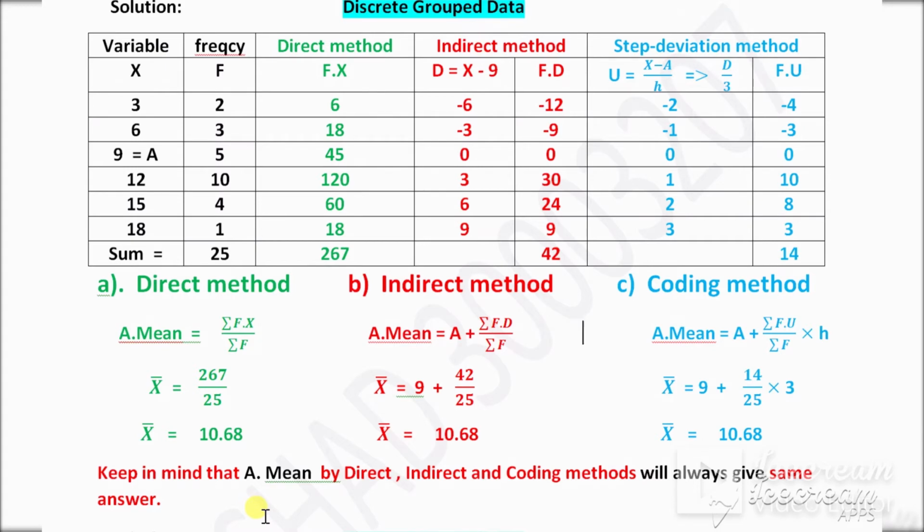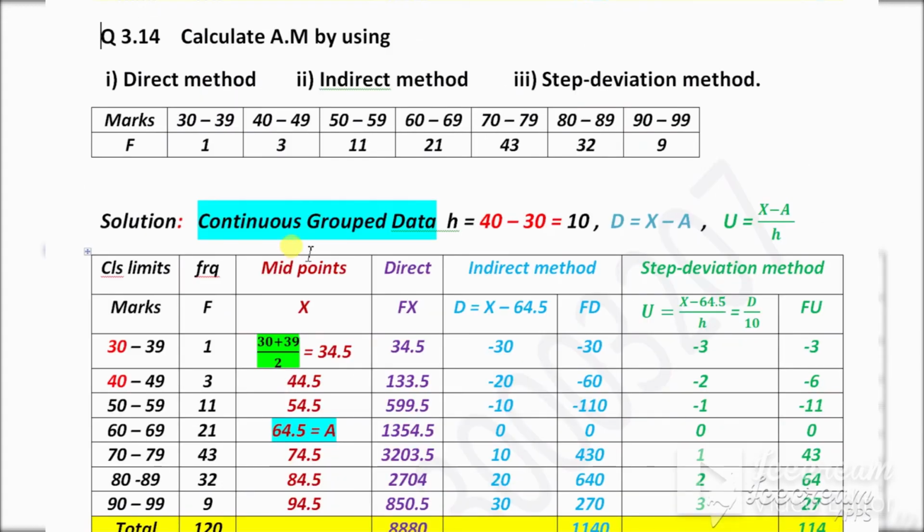One question. Calculate arithmetic mean by direct method, indirect method, and step deviation method for the following data. Now this given data is group data or continuous group data. Why is it called group data or continuous group data? Because this is the formation of class limits or class boundaries, or you can say class interval.